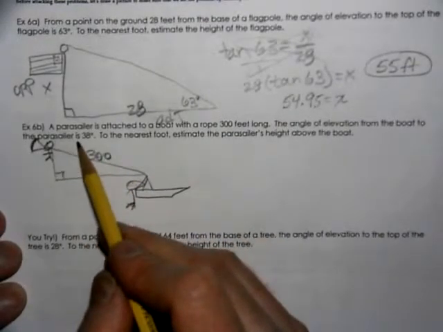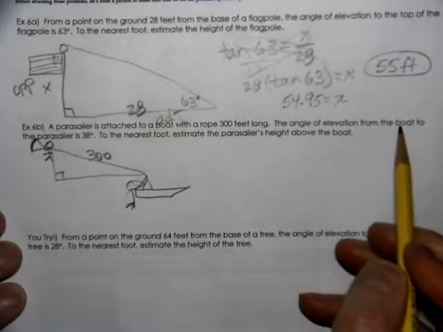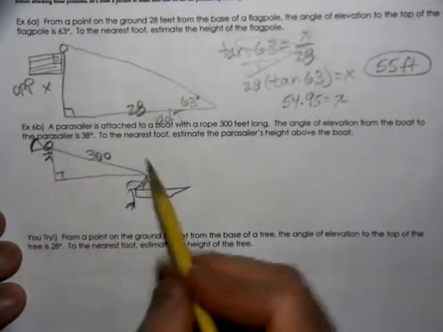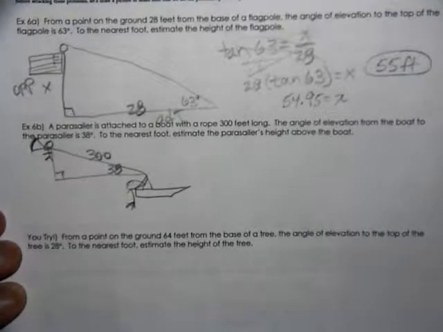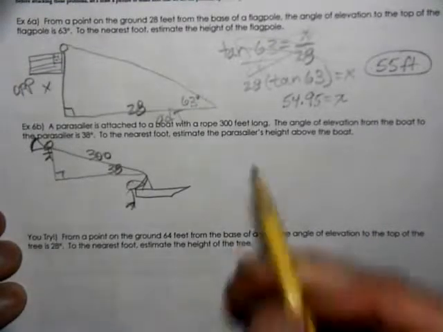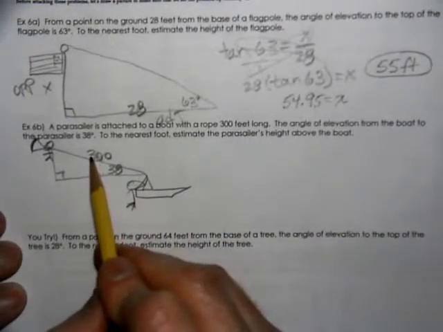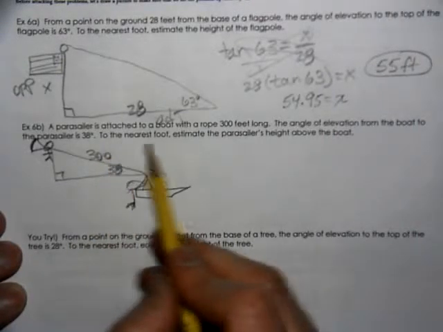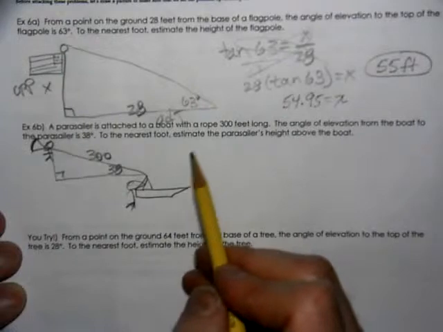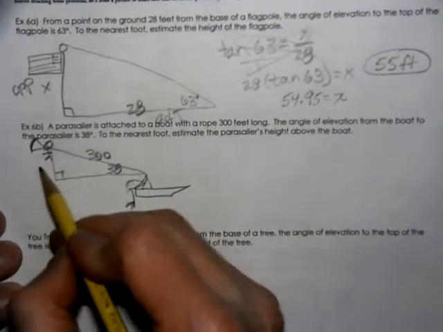We know that the angle of elevation from the boat to the parasailer is 38 degrees. We know that the rope is 300 feet long. To the nearest foot, how high is the parasailer?